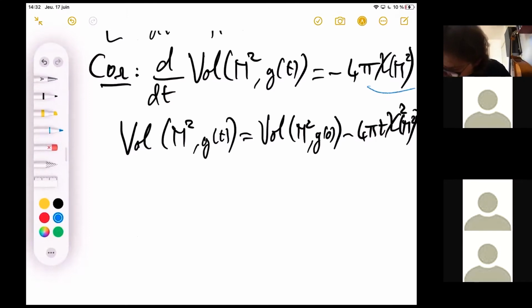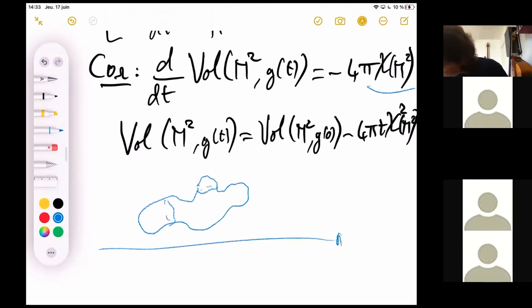But now we can have something more bubbly, maybe, something of genus 0. Then you know that the Ricci flow will stop at some definite time because the volume goes to 0, so it has to stop before.